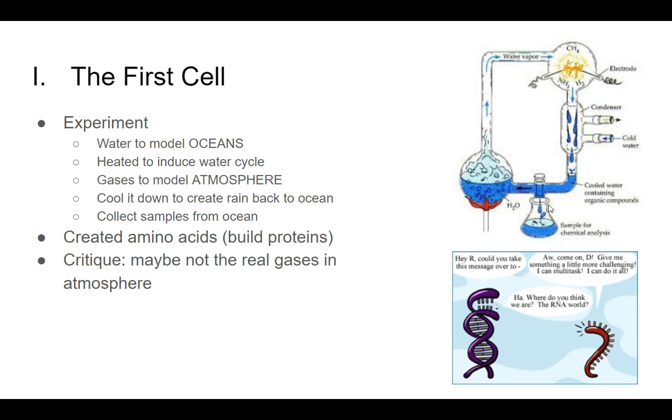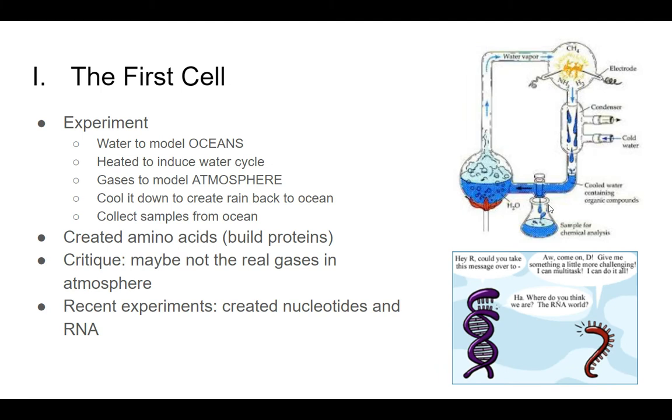Many scientists have come along in their footsteps and have redone this experiment using new information. Recent experiments actually reveal that most likely the first monomer that was created in early Earth's environment was not an amino acid, but rather a nucleotide. And therefore, the first polymer that was formed had to be made of nucleotides.